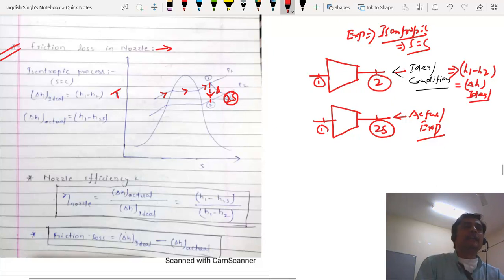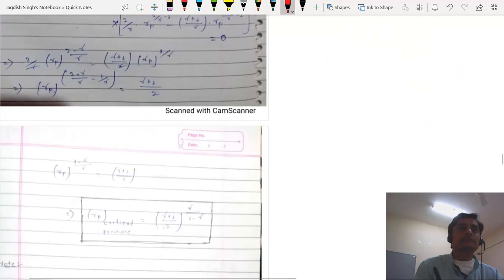When it is assumed that the expansion is isentropic, the enthalpy drop in the nozzle due to expansion is called del H ideal. But in actual condition, the process is not isentropic, and in this condition, del H is equal to H1 minus H2S.